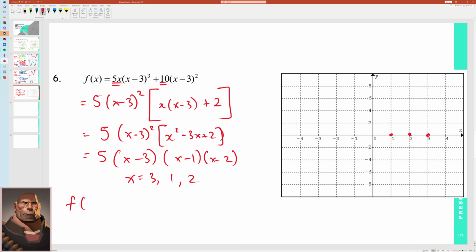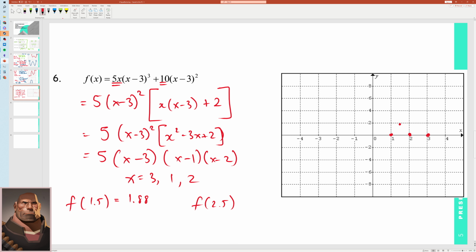Approximate turning points, f of 1.5 and f of 2.5. Plug it in. Yeah, just plug it in. Okay. So 1.5, so it's 5 times 1.5 times 0.5 times 0.5. I'm getting about, it is a positive 1.88, so almost at 2, just shy.